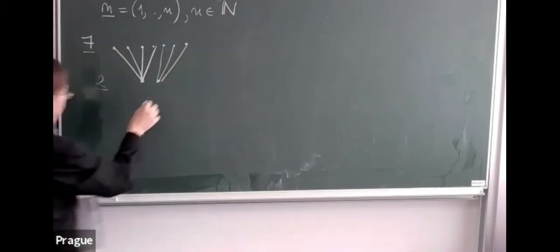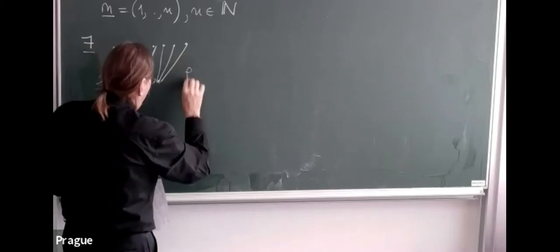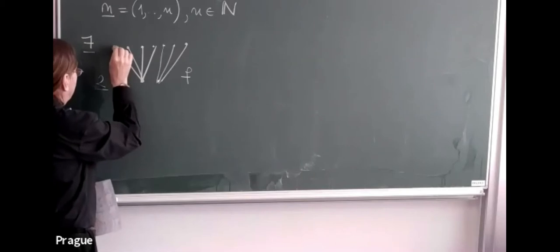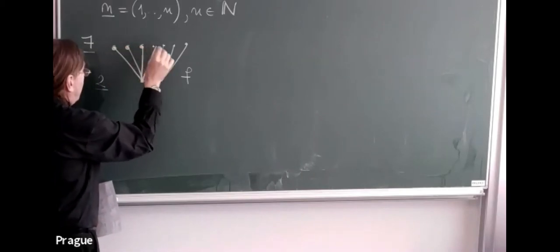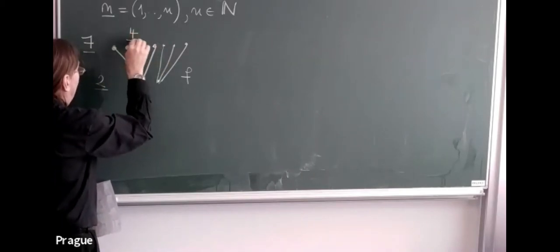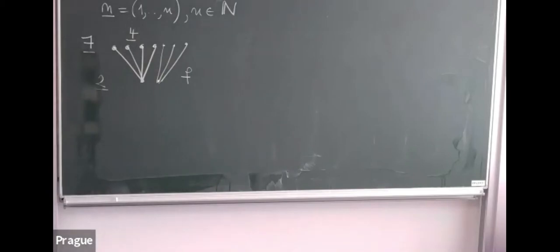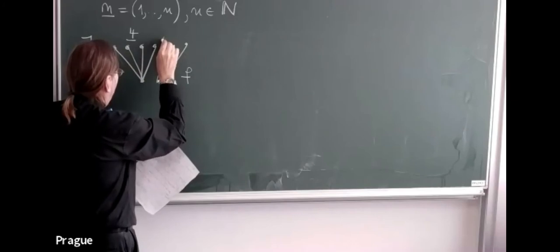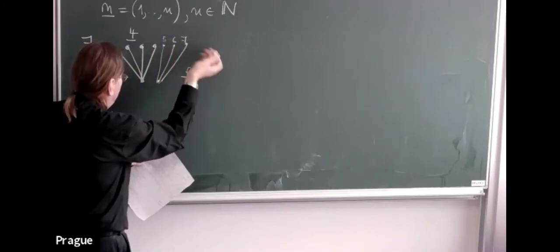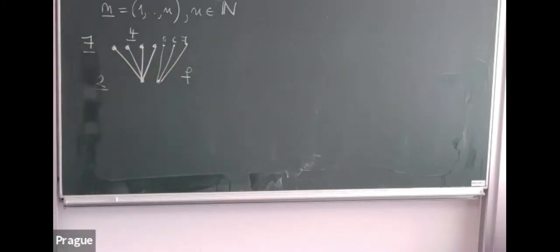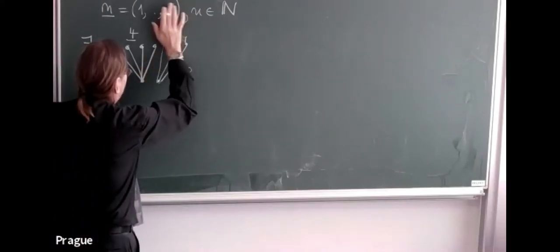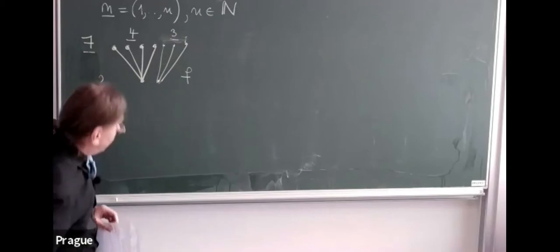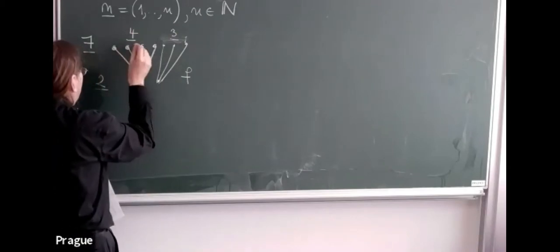So this is an example of f, and the fibers are here. This is the first fiber, which is clearly 4, and the positions of the rest are 5, 6, 7, but we have to take the representative. So the second fiber is of course 3. These are the fibers.